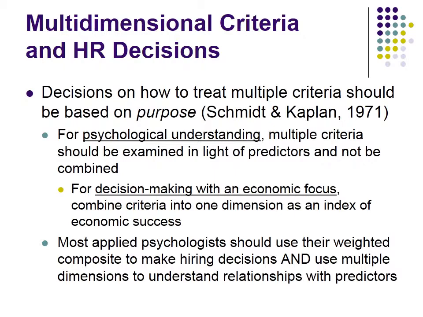However, if the purpose for the performance appraisal and measurement, the criteria, is for decision making with an economic focus, you have to come up with a way to combine criteria into one dimension as an index of economic success. So that's an important factor right there, an index of economic success.